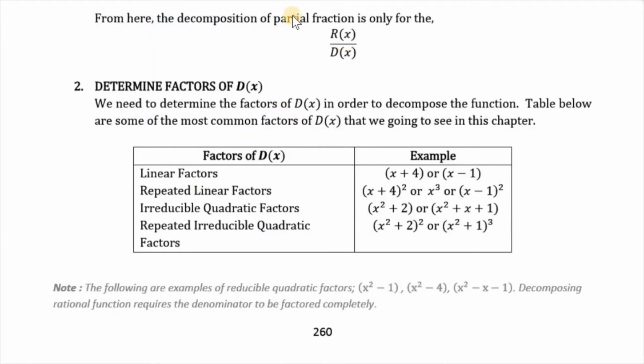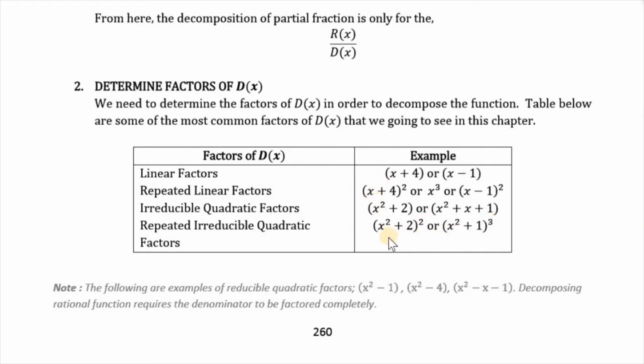When we decompose our fraction, if it is a proper fraction, it really depends on the factors of our denominator. The factors of the denominator are either a linear factor like this, or a repeated linear factor, or an irreducible quadratic factor, a quadratic factor that you cannot factorize further, or a repeated irreducible quadratic factor.